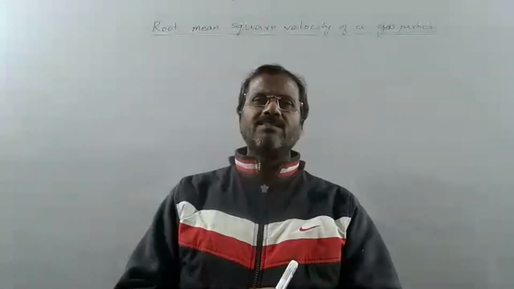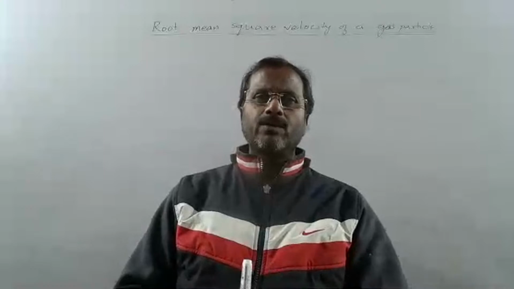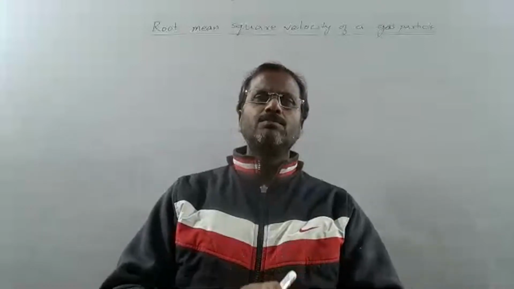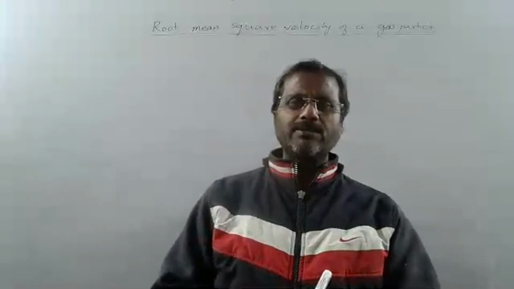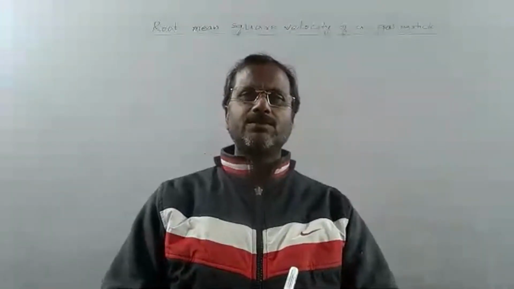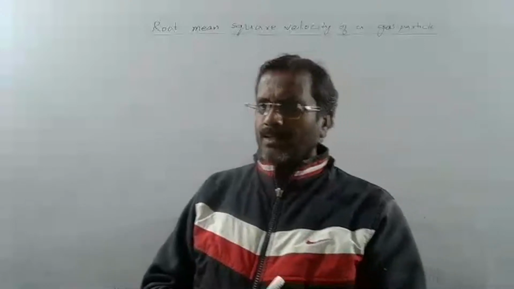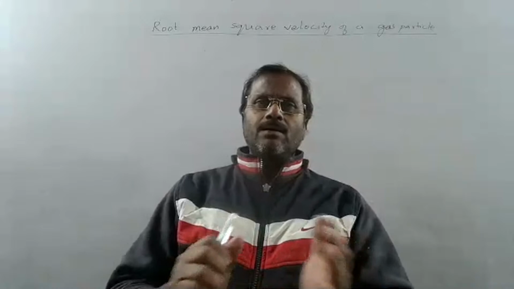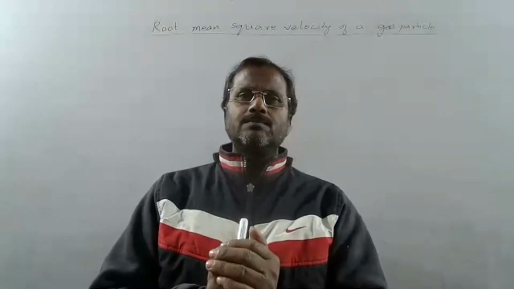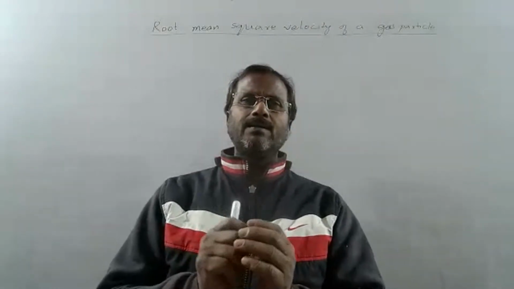Hello friends. Now in this class we are going to discuss the root mean square velocity of a gas particle by using Maxwell's velocity distribution formula. In this deduction we assume the velocity of the particle is c.